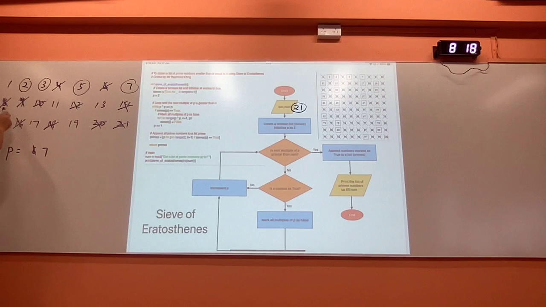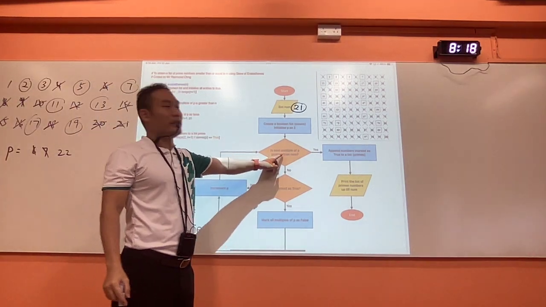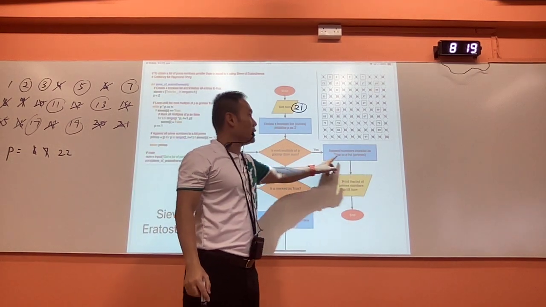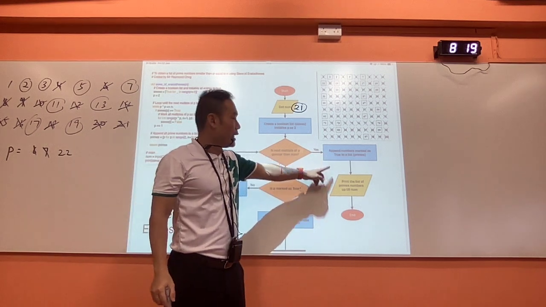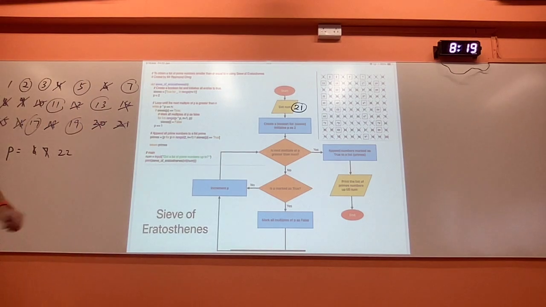So we keep going, 8, 9, 10, 11, and then 13, 17, 19, until eventually my P becomes 22. My P will keep increasing. When P becomes 22, bam, greater already. So you jump out here, and all the numbers that are marked as true, that means not cancelled, I'm going to put them in the list, and that will be the list of prime numbers that are less than num, which is 21.